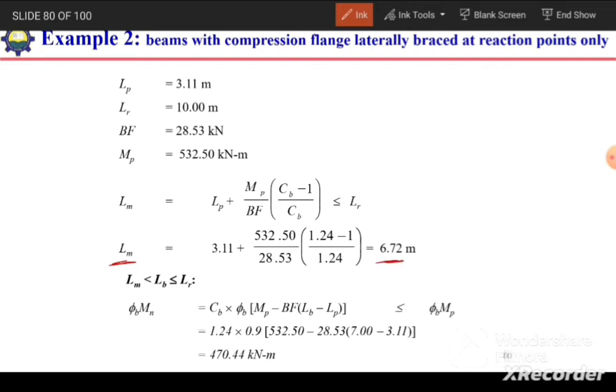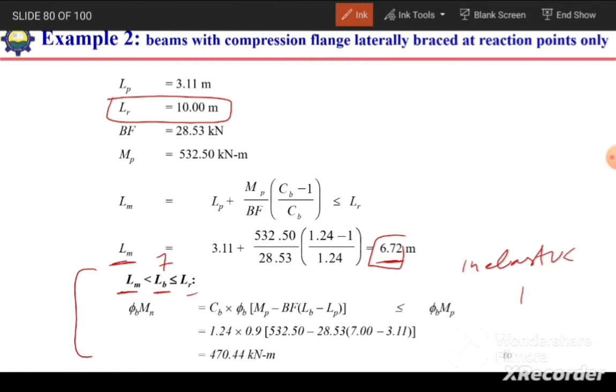Now to calculate the flexural capacity of the member, we need to compare our unbraced length with the limiting values of unbraced length LM and LR. So 7 meter is more than this 6.72 meter and it is less than this 10 meter LR. So it means we are in the inelastic lateral torsional buckling case.